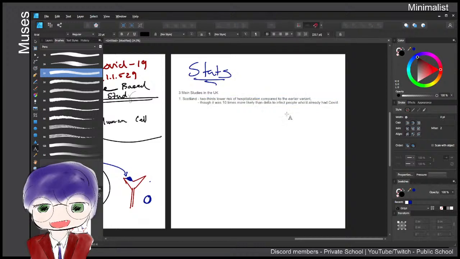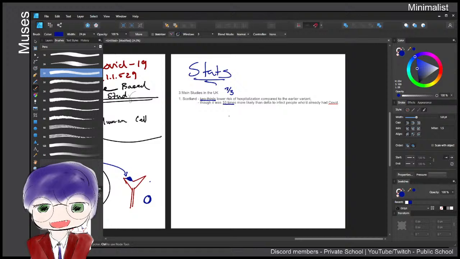Yes. Okay. So this is great news, right? In the first place we have 2/3 lower risk of hospitalization and 10 times more likely to infect. Even though it looks like it is great news, right? Because it's great news individually.